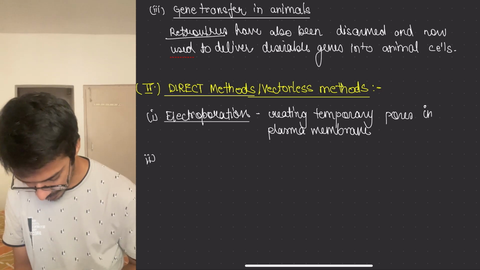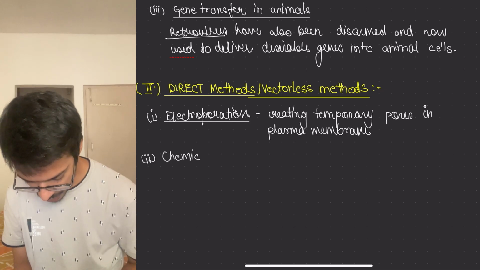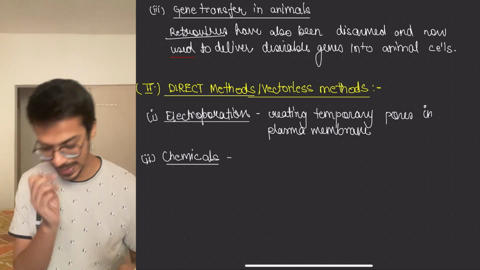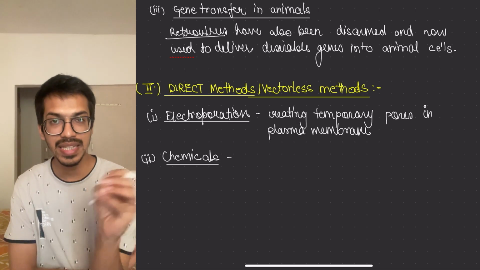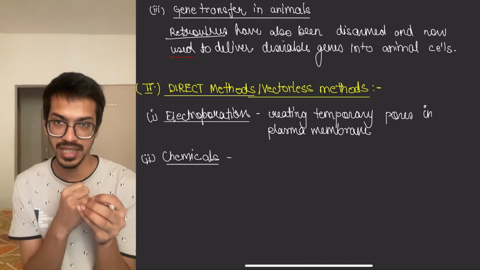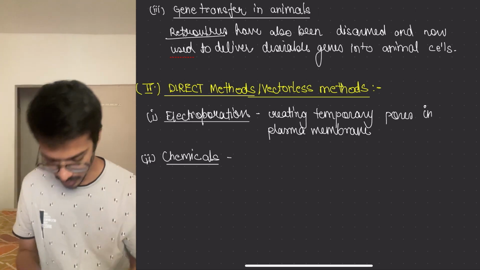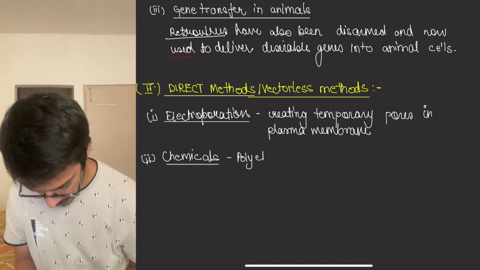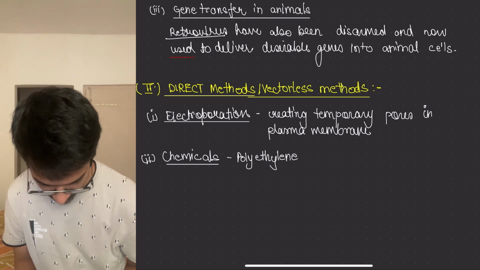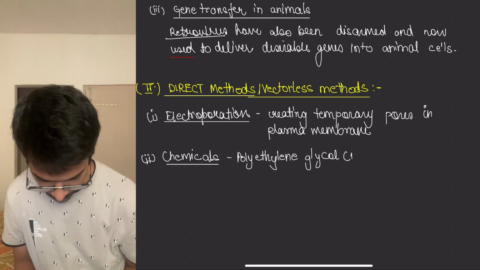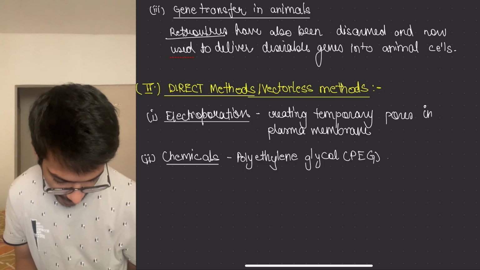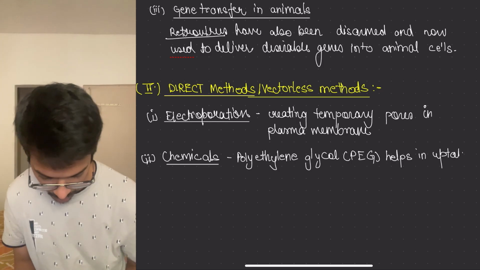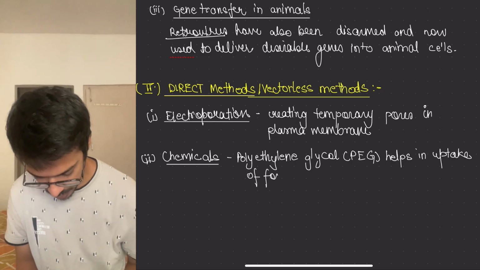Next, let's see chemicals. So there are certain chemicals like polyethylene glycol. We will give that, it easily uptakes the DNA with itself and goes inside the cell. Okay, so next is polyethylene glycol, PEG, helps in uptake of foreign DNA.